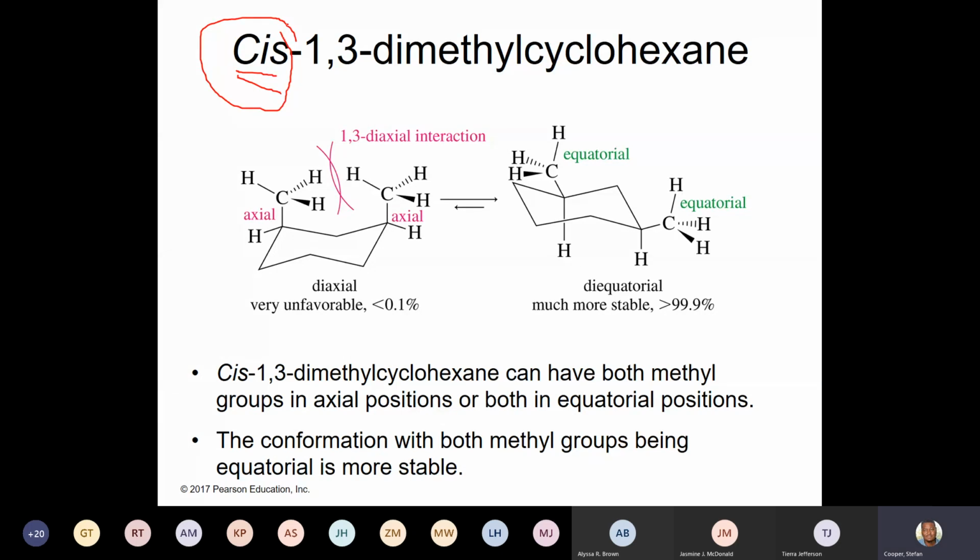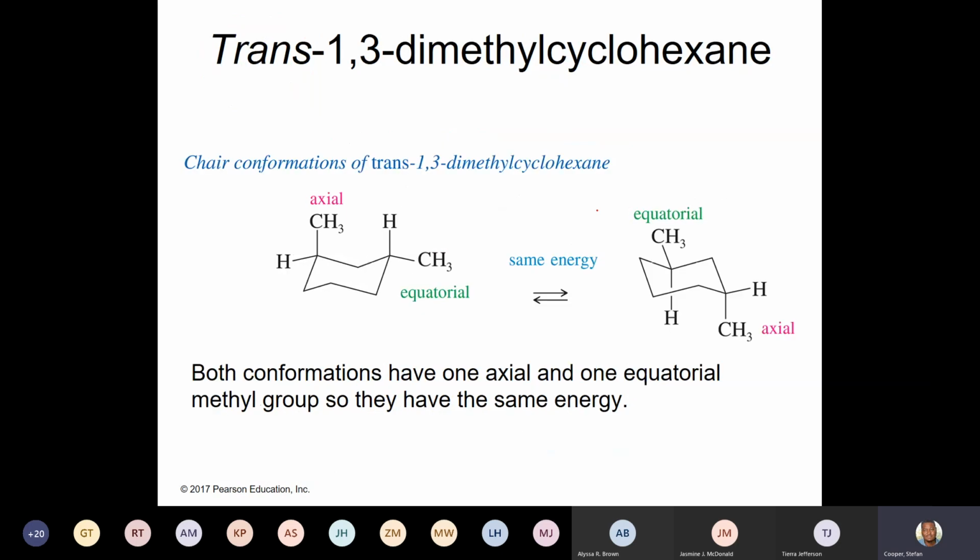The same. Same side, right? So if I drew one methyl group on the top face, the other methyl group had to be drawn where? Also on the top, right? So this is why these two methyl groups are here. When I ring flip, they're still on the top position. I'm going to teach that next class, what it means to be top and what it means to be bottom. But in this case, these are both also on the top face, but now they are equatorial top, and this is preferred. So if I go to trans-1,3-dimethyl, what does trans mean now?